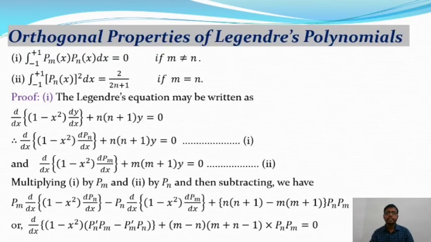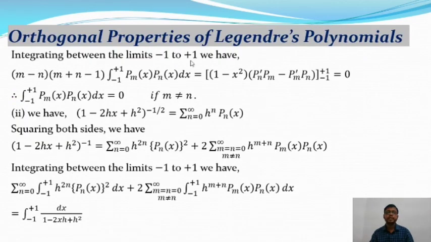Now integrating this equation between the limits -1 to +1, we have (m - n)(m + n + 1) times the integration from -1 to +1 of Pm(x) Pn(x) dx, which is the second term of the above equation, equal to (1 - x²)[Pn' Pm - Pm' Pn] with upper limit +1 and lower limit -1.